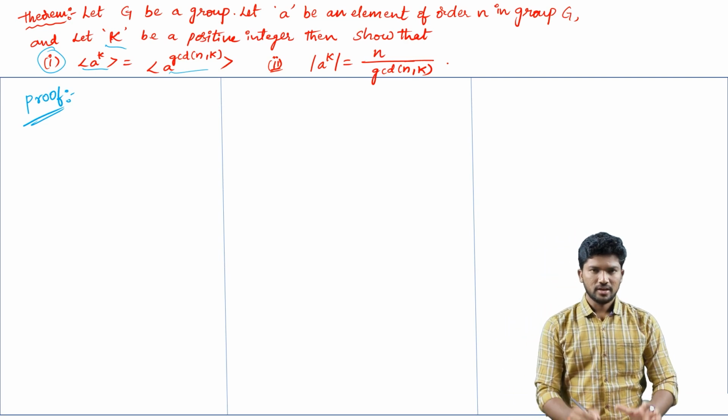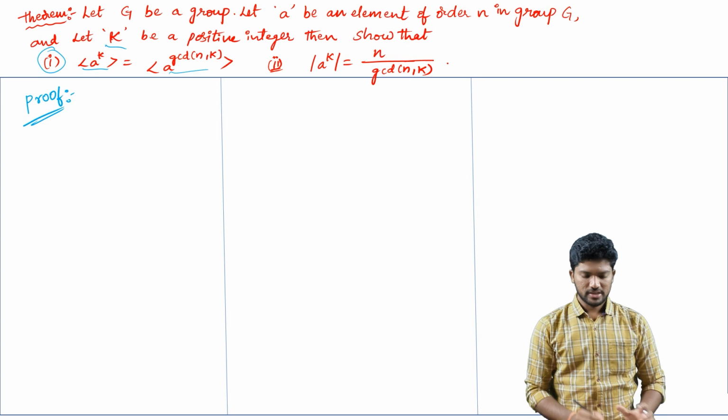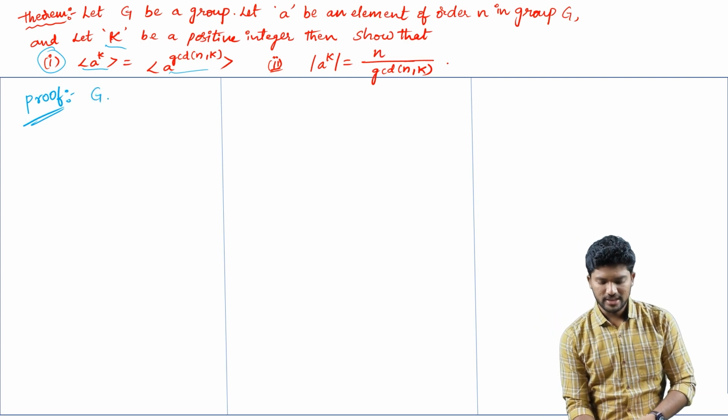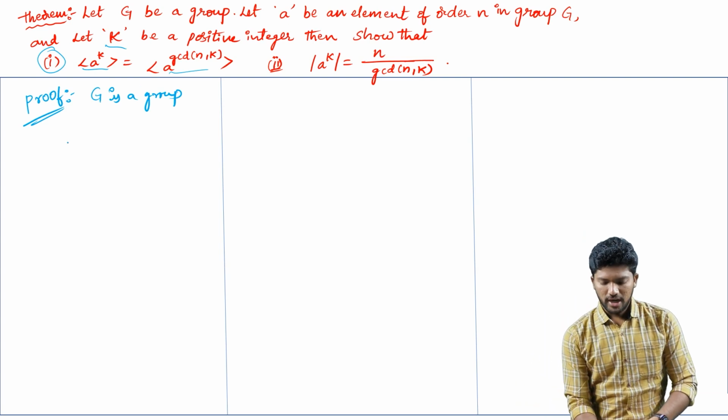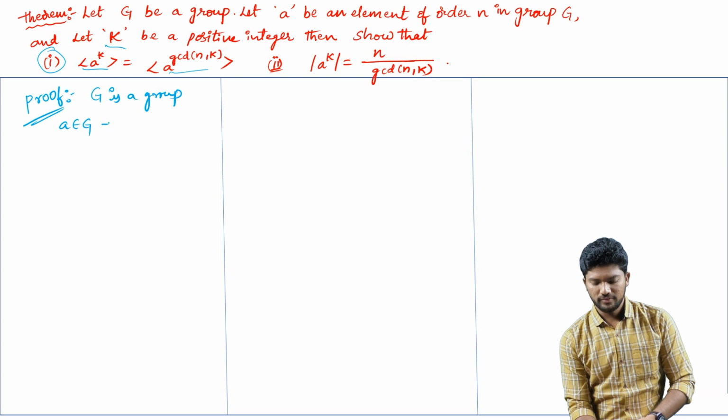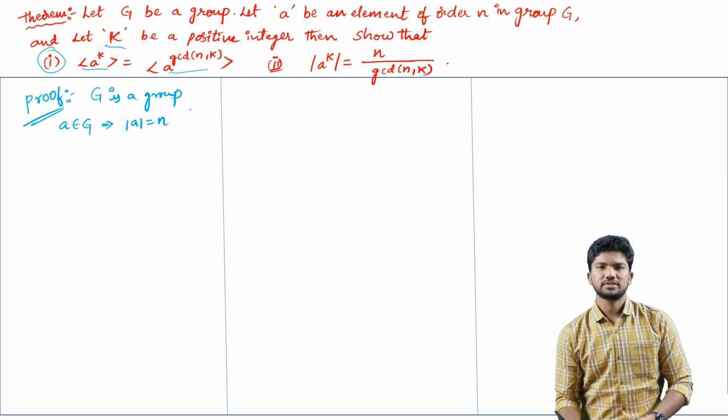First of all, I am writing what is given in the statement. Given G is a group, and a belongs to G with order of a equal to n. Order of a is equal to n.